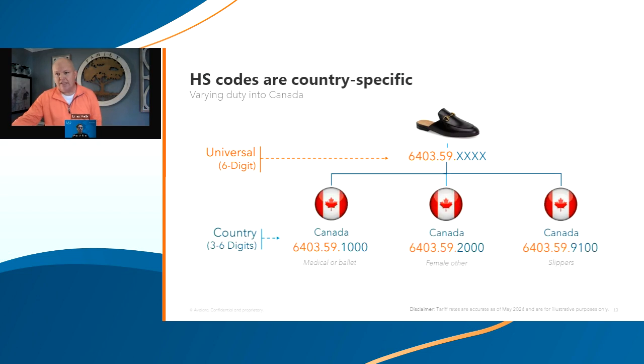But why does Canada have 4 separate 4-digit extensions? It's because the industry that that product is for, or that gender that that product is specific for, which ultimately drives another variation to what that duty or tariff should be when you move that product into that destination country.